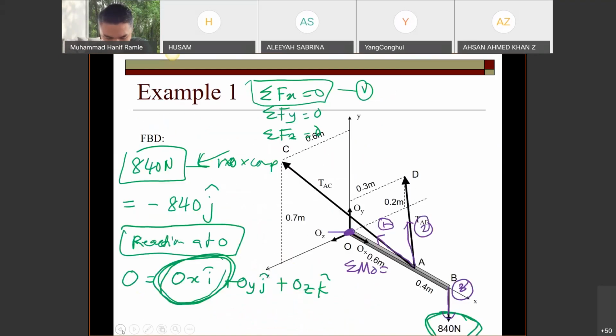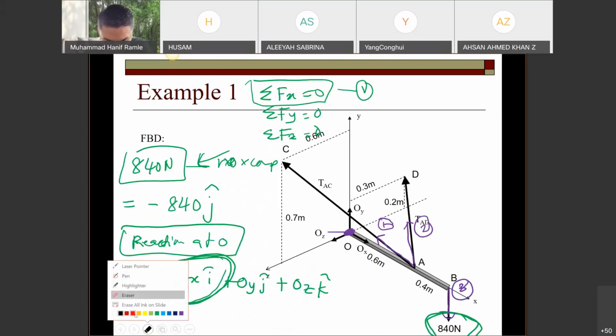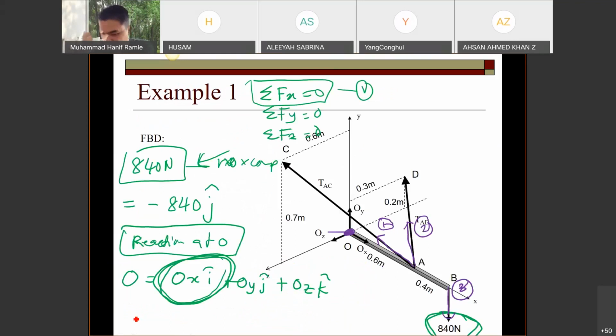So TAC, let me erase this one. For TAC and TAD, the R is from here to here, from O to A. So this is your ROA.